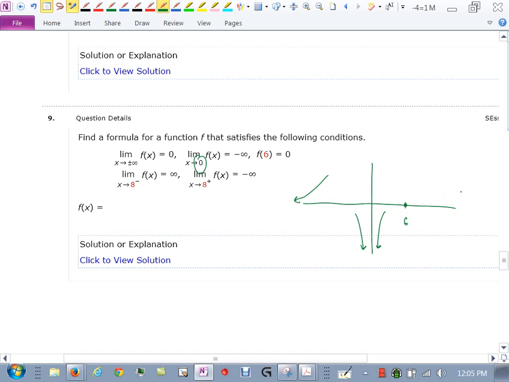I'm going to have to move this a little bit. As I approach 8 from the left, it goes to positive infinity like that. And 8 from the right, it goes to negative infinity like this. Okay, so that's basically what's happening. I have an asymptote here, and an asymptote here.